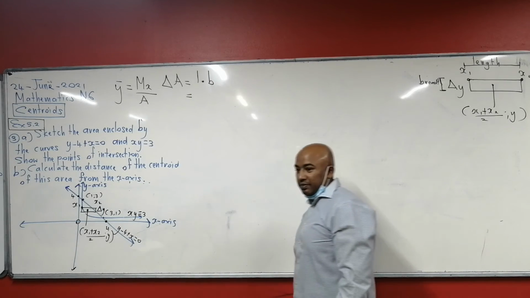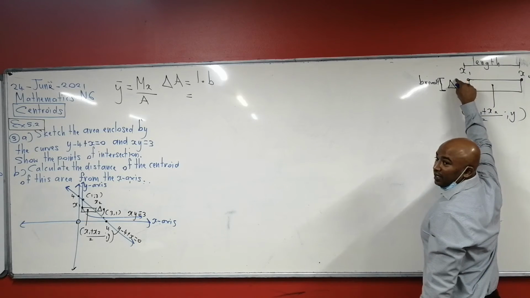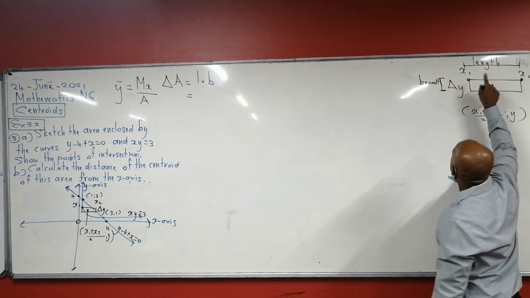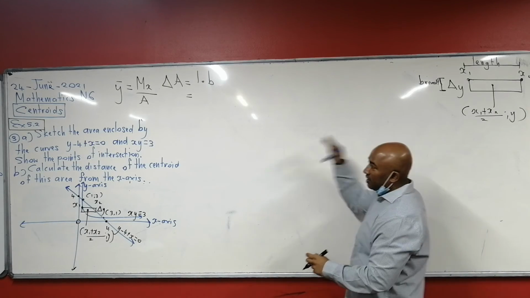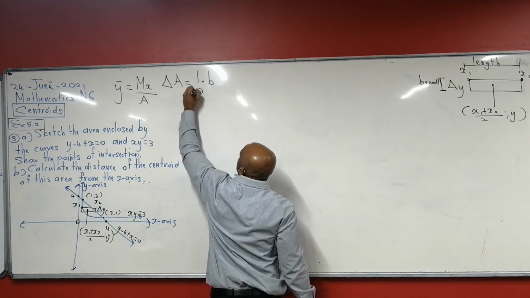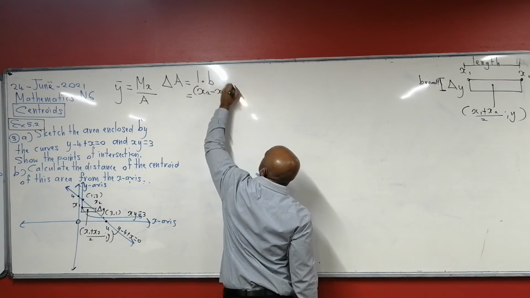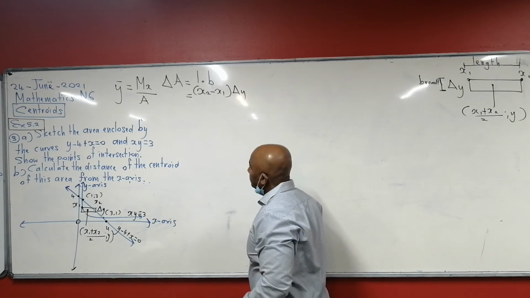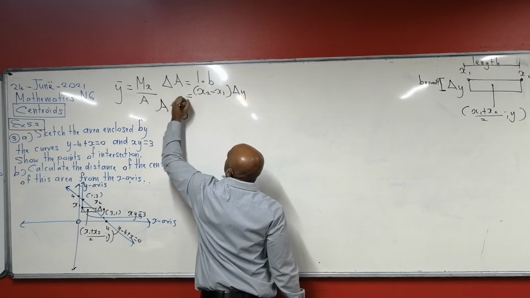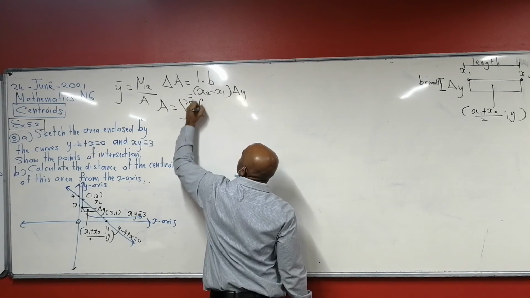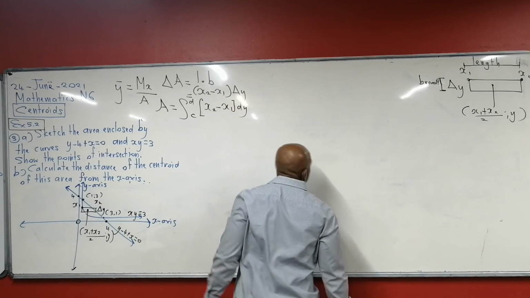If I want the length, it is the difference in the x values. The length is from there to there, the longer side. So I'll subtract right minus left. That's going to be x2 minus x1 times your breadth, which is delta y. So now total area, I'm going to integrate from c to d, x2 minus x1, and there's my dy.